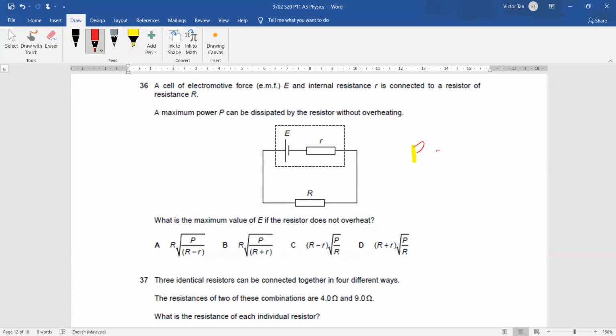So P equals I square R. E equals I times R plus R. So from here, I equals square root of P over R. D.